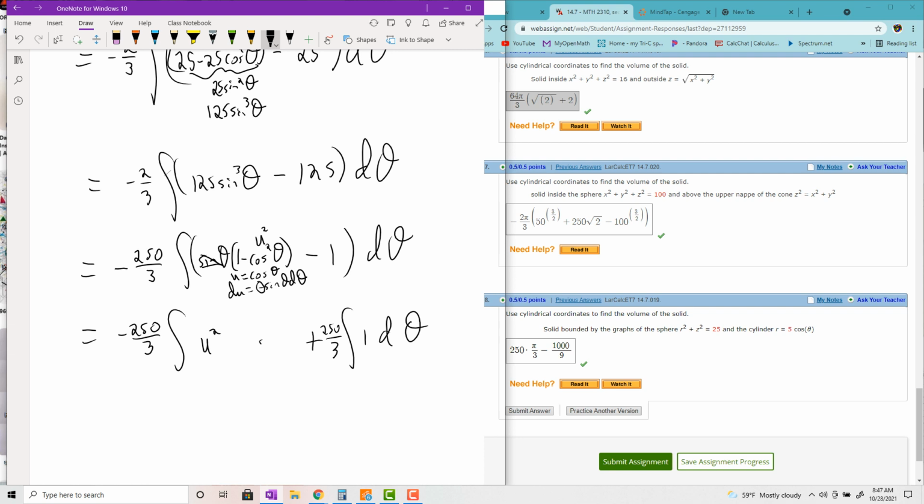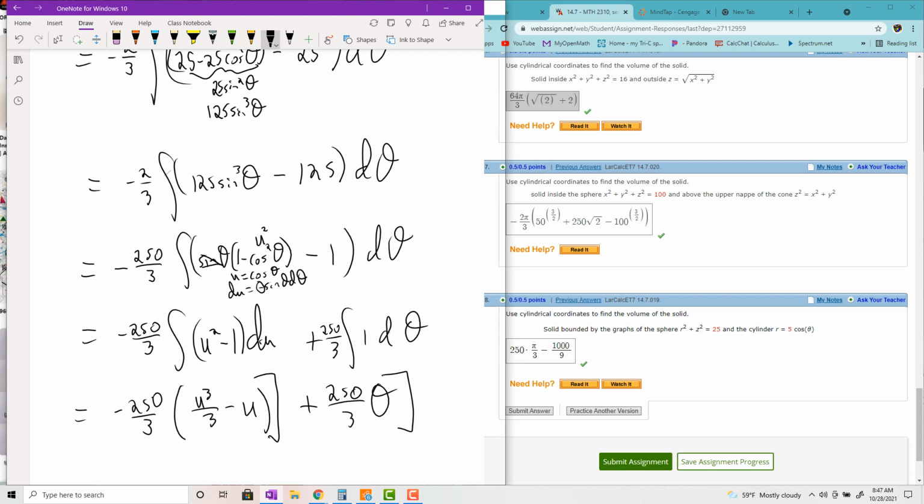So you get u squared minus 1 du, and then that will be negative 250 all over 3 times the power rule on it, u cubed over 3 minus u. I have to evaluate that eventually, plus 250 thirds theta. Evaluate that thing as well.